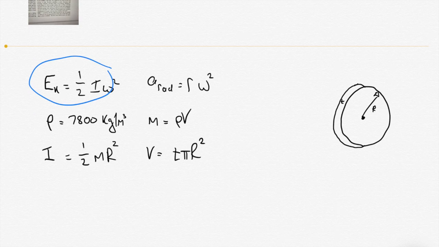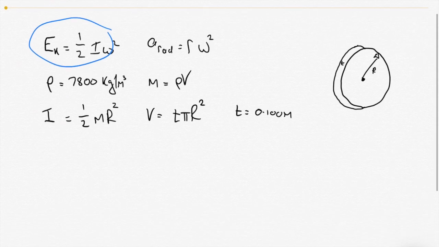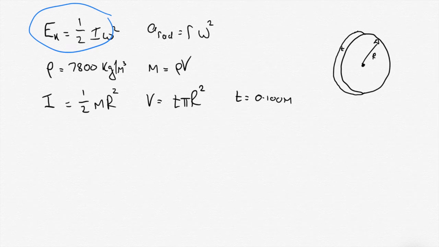Here we're dealing with a cylinder where it's more of a thickness than a height we're interested in. Let's put the thickness in as well: 0.1 meters. So I think at this point, this is all the information that we have, both from thinking about the problem in terms of what we know about rotational dynamics, and from what's given to us in the problem.